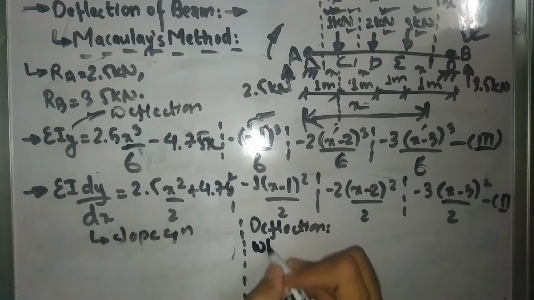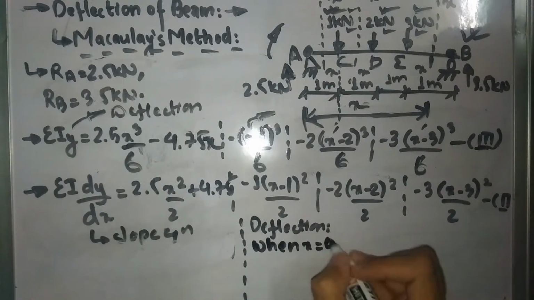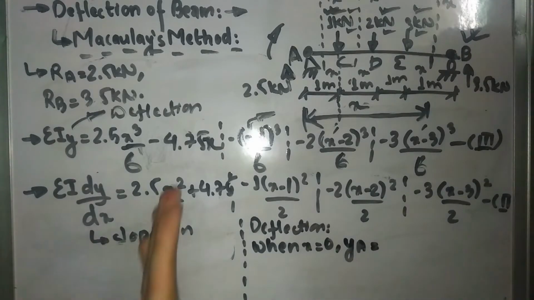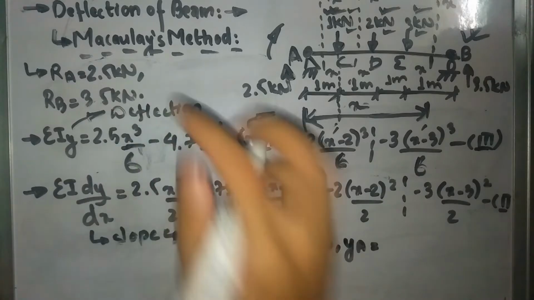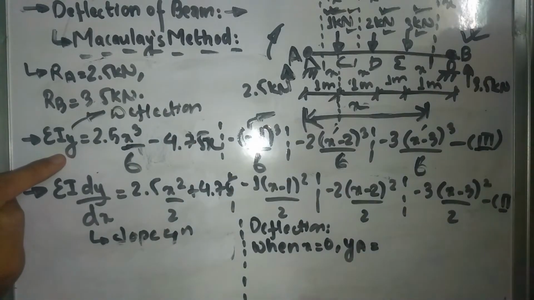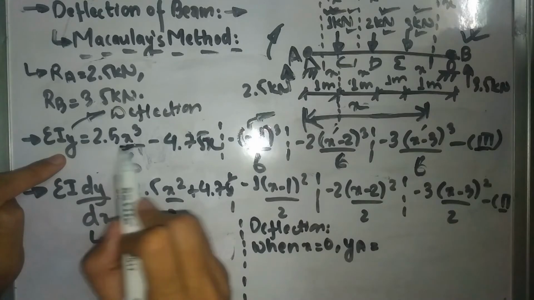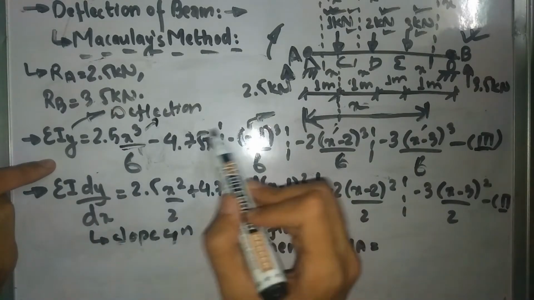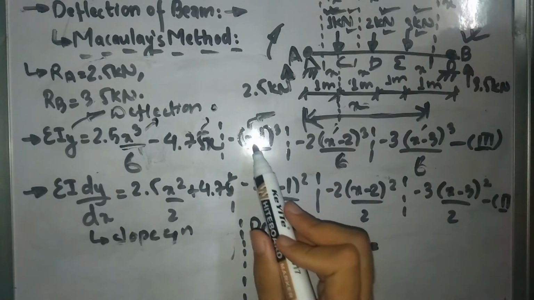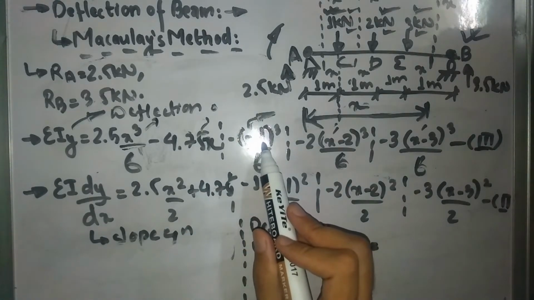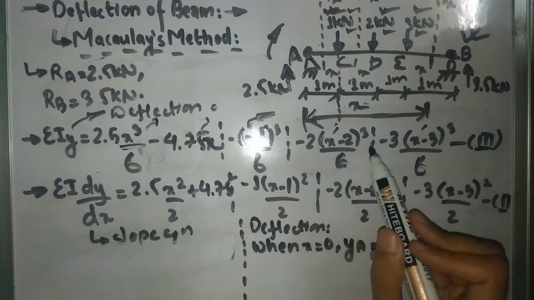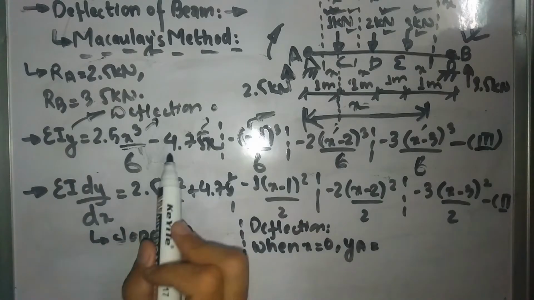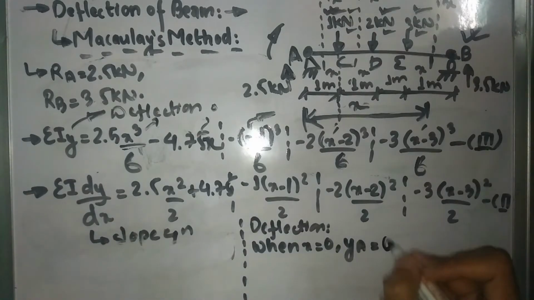But let me show when x equals 0, deflection at A, yA, equals to: I'm going to substitute x in equation number 3, because this is my deflection equation. When x equals 0, the first term is 0. 0 minus 1 is minus 1, so we ignore this; 0 minus 2 is minus 2, again ignore this; 0 minus 3 is minus 3, so we ignore that. So our first term is 0, and we simply get yA as 0.